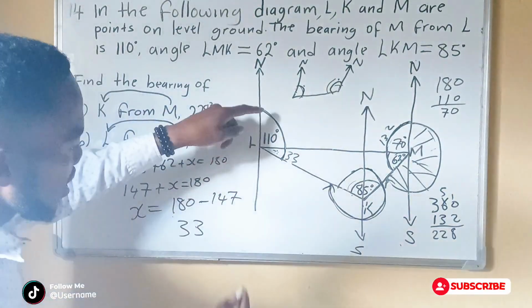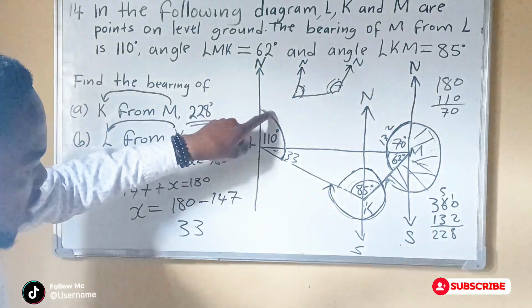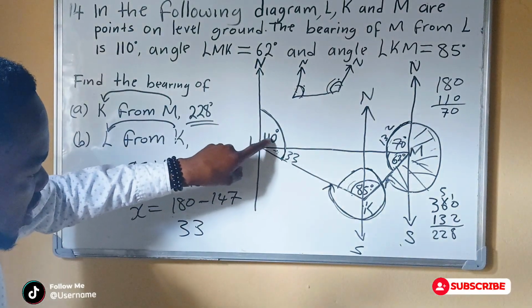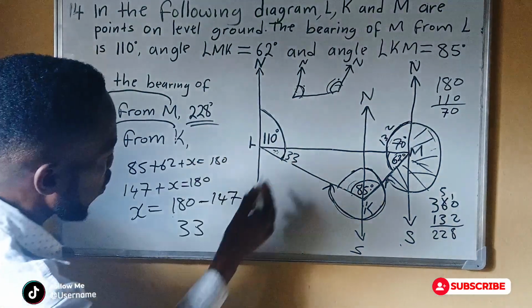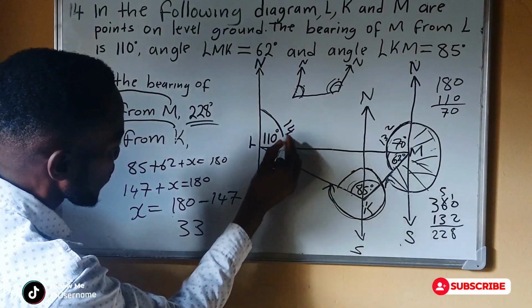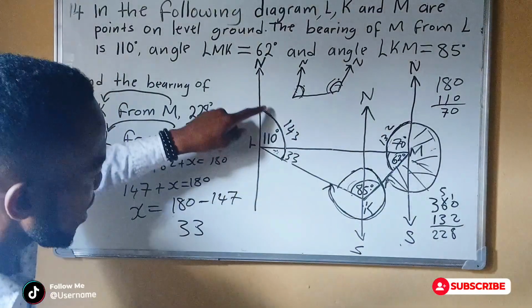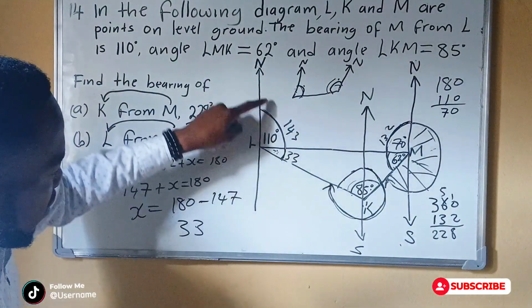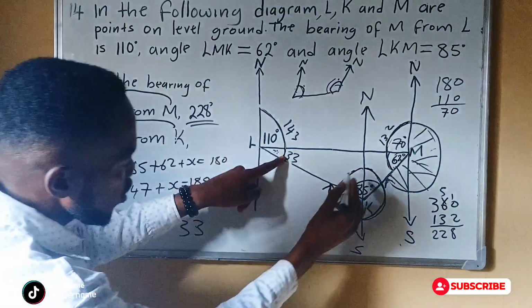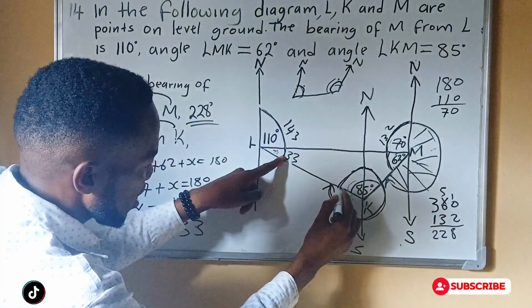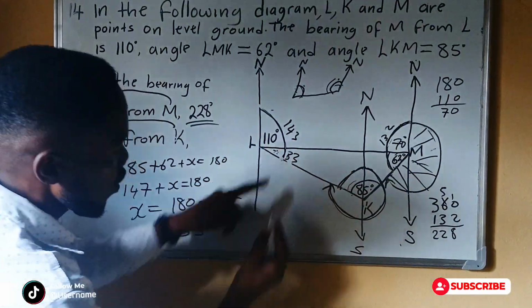Now we need to find the angle which is here. 110 plus 33 gives you 143. So from here to here is 143. And we know that the angle which is here plus the angle which is here give you 180.